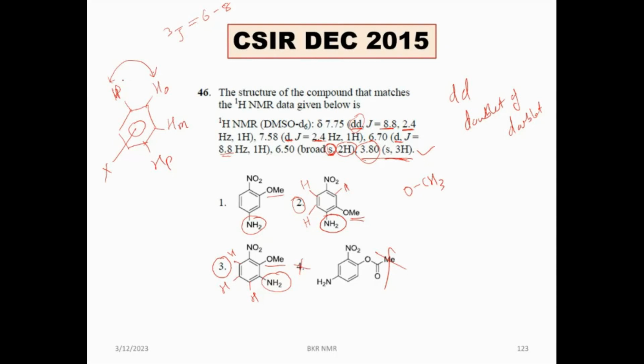அதே இது, this hydrogen coupling with meta protons. This is known as 4J coupling. Long range coupling. This will be having a value of around 2 to 3 hertz. And this hydrogen coupling with the para protons. Again a long range coupling. This 5J coupling.